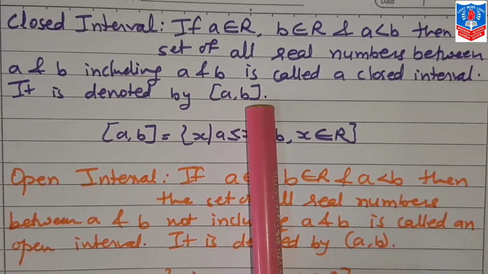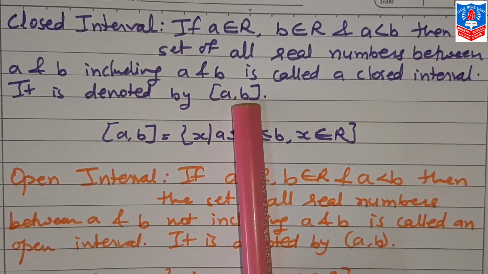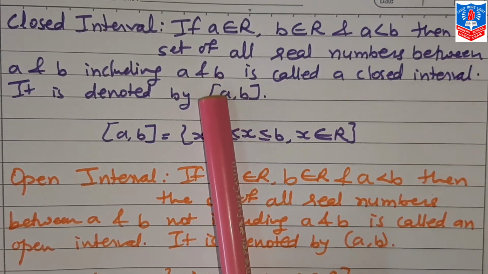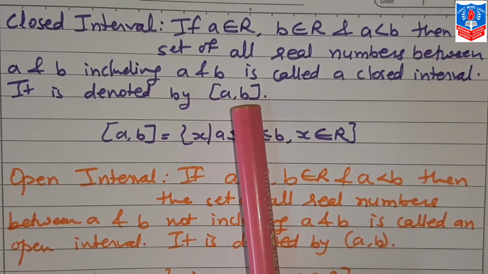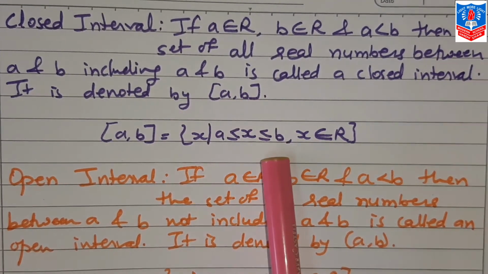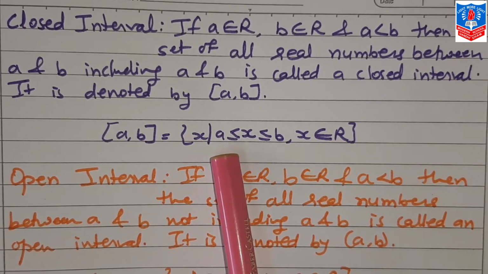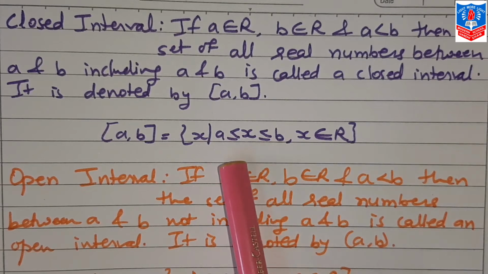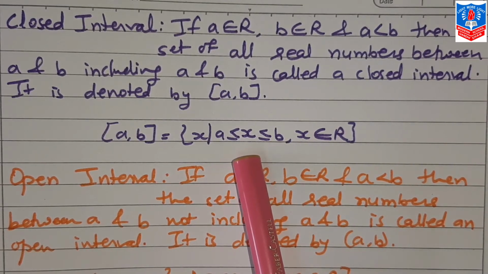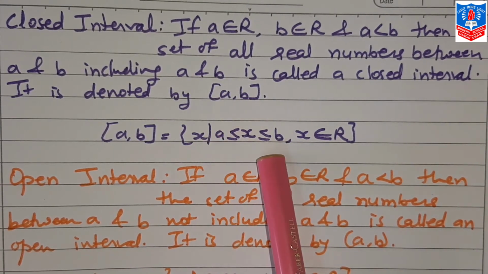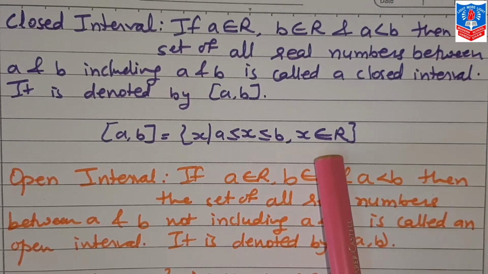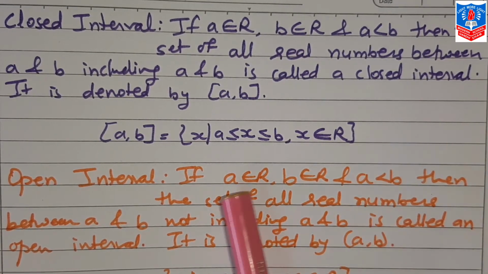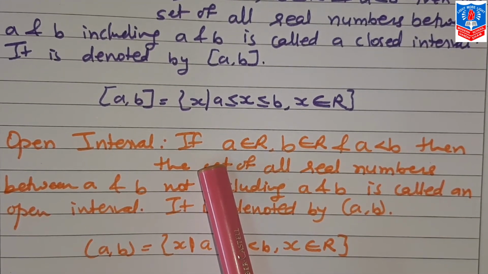This small and big bracket, that shows whether it is open interval or closed. Now closed where big bracket, and remember here in this value of x, between a and b, and even a and b both values are included. That is closed interval. Here x belongs to R, that is real number. Next, that is open interval.